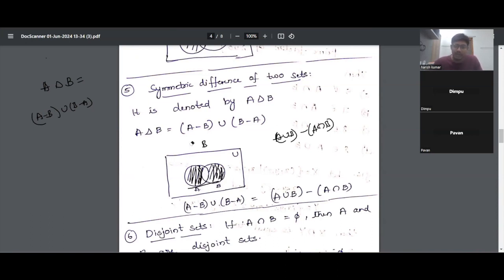So symmetric difference can be written in two ways: one is A minus B union B minus A, and it is also equal to A union B from which I remove A intersection B. Understood? Symmetric difference?